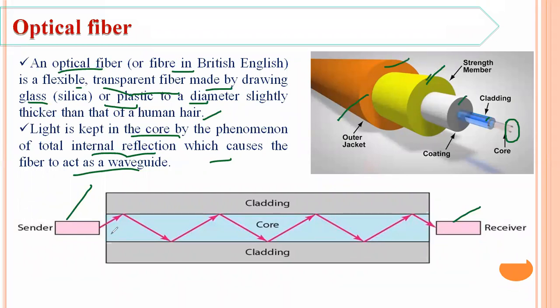Whenever the center sends signals, they will move like this, with total internal reflection in the core, and the angle should be greater than the critical angle so that it will not pass into the cladding. If that happens, we will lose the signals.